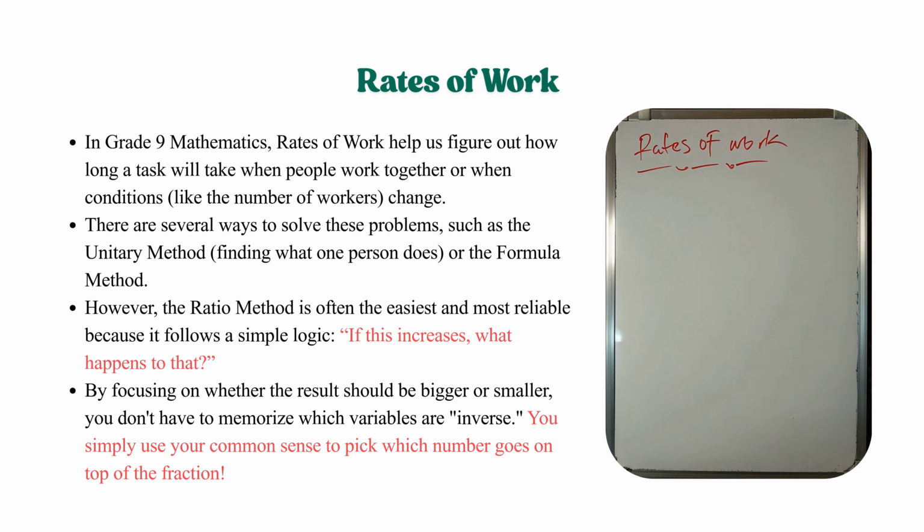In grade 9, rates of work help us to figure out how long a task will take when people work together or when conditions, like the number of workers, change. So we are going to use the compound proportions method to help us find the rates of work.